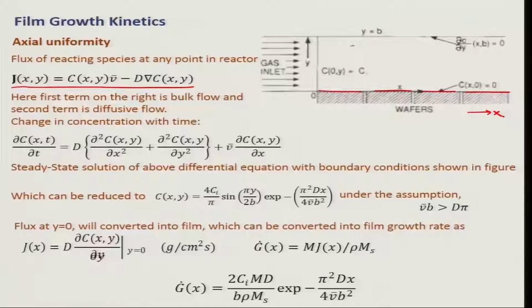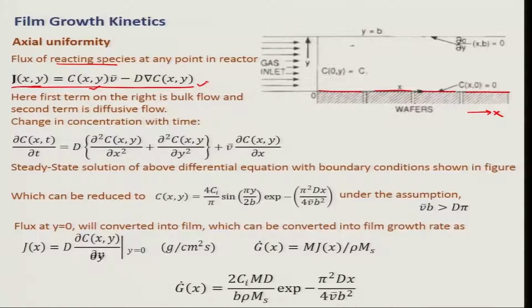Now, the flux of the reacting species at any point in the reactor will be governed by two things. One is the mass flow and second is diffusion. Mass flow in the bulk and diffusion across the boundary layer.